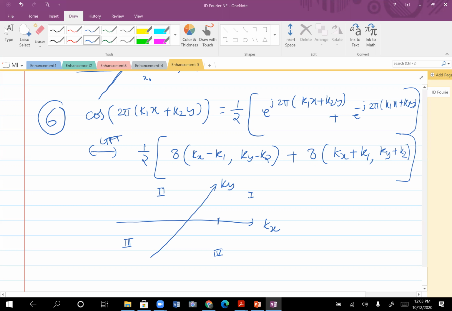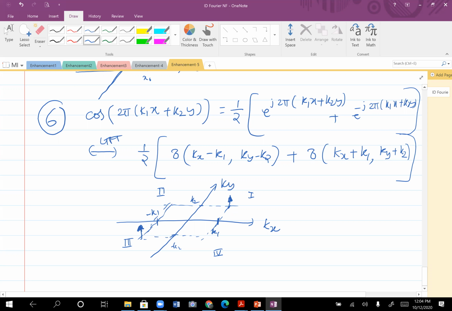So this is, for example, k1 here, this is minus k1, this is k2, minus k2. There is one impulse here and another impulse here.